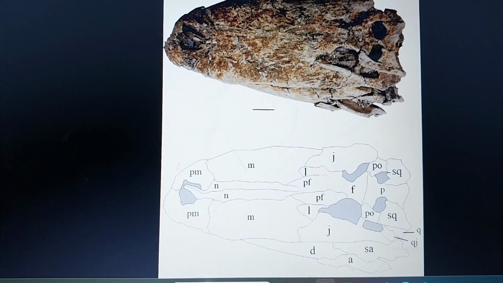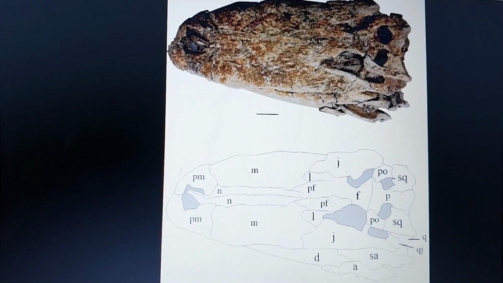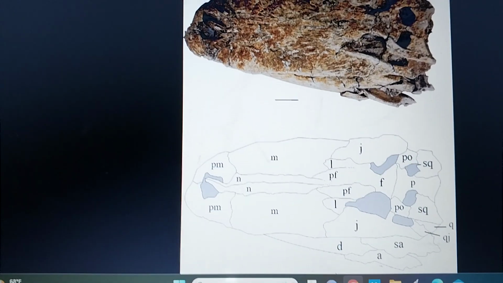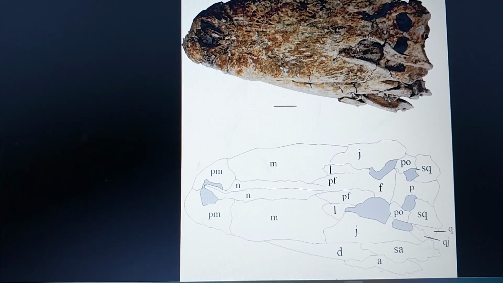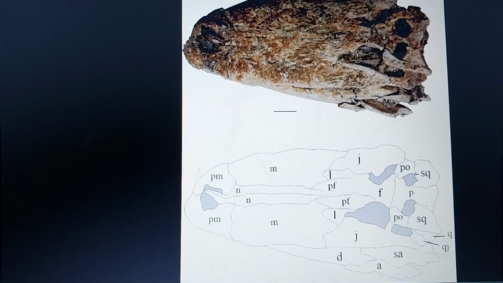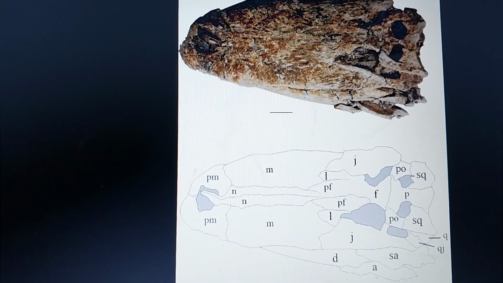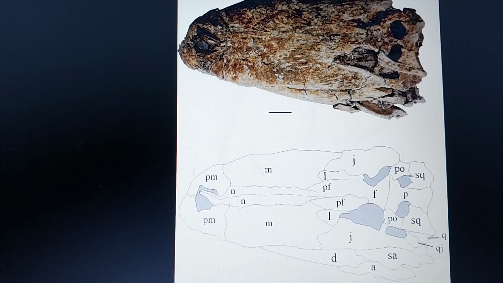The snout of the animal is overall oval in shape and is almost split in two by the nasal bone, which extends significantly into the snout.